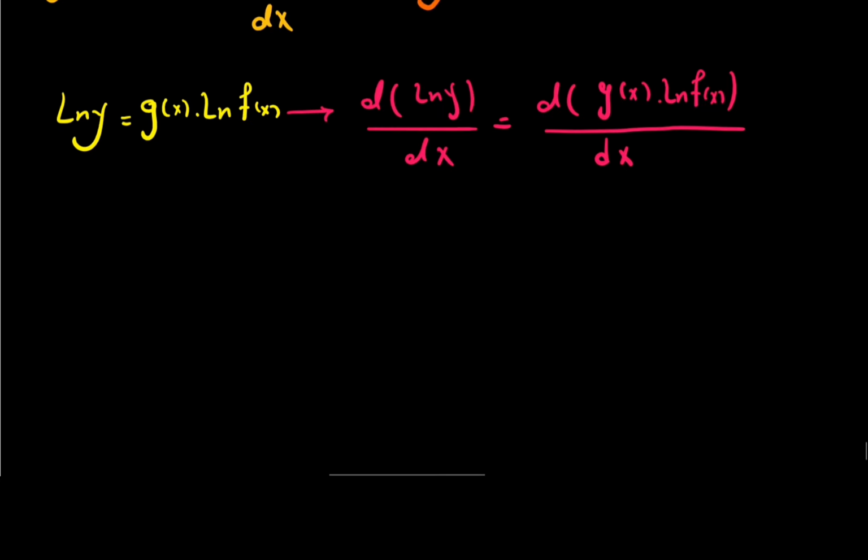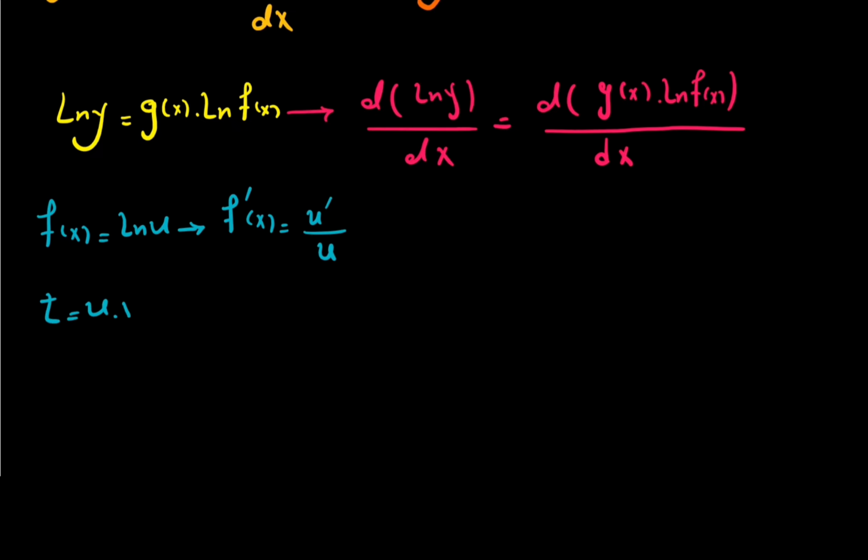I told you some really nice points for taking derivatives, so let me write them again. If f(x) equals ln u, the derivative will be u prime divided by u. And if t equals u times v, then t prime equals u prime times v plus v prime times u.